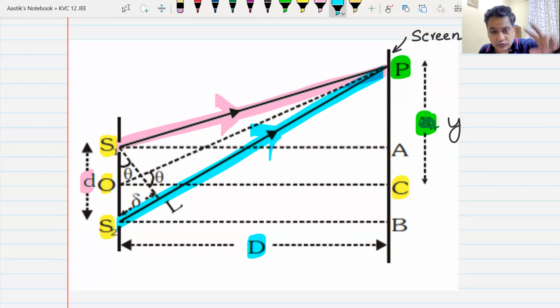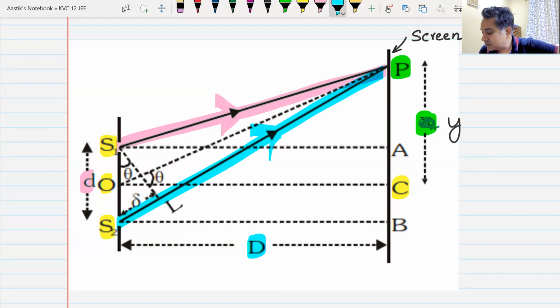So these are the two waves that are going to interfere. Then we will have to find out what is going to happen, whether we are going to get dark fringe or bright fringe at point P. That is our entire exercise here. Do we understand this? Yes, sir.